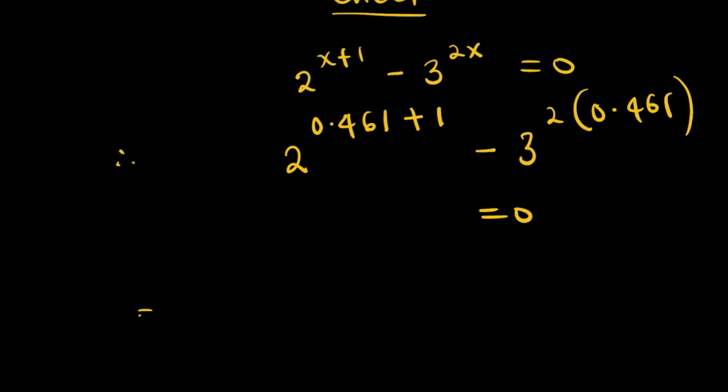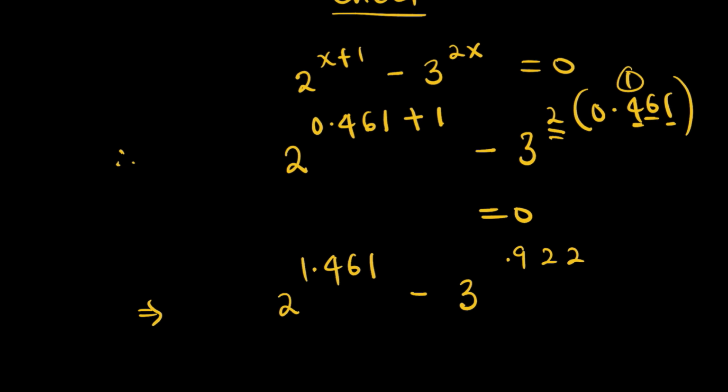This will give us 2 raised to power 1.461 minus 3 raised to power 2 times 0.461, which is 0.922.